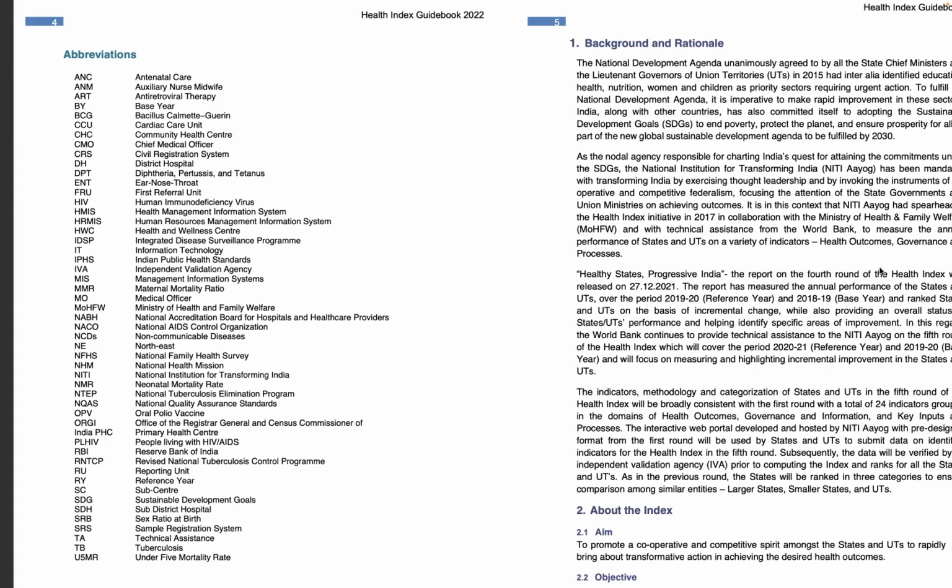The inventory and the indicators to be taken into consideration are different for larger states, different for smaller states, and different for UTs, because each of these entities has a different set of challenges and a different set of infrastructure also.